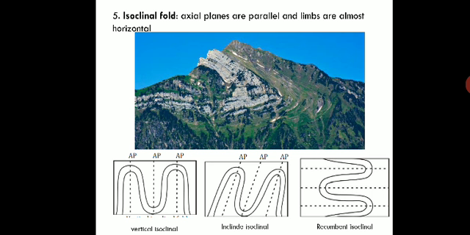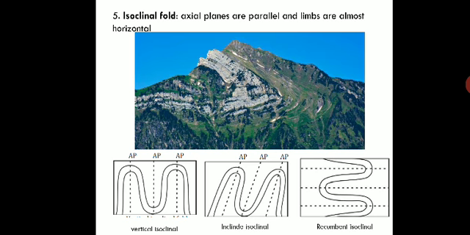Okay, so the axial planes are essentially parallel and they are of three types. One is vertical isoclinal, inclined isoclinal and recumbent isoclinal.